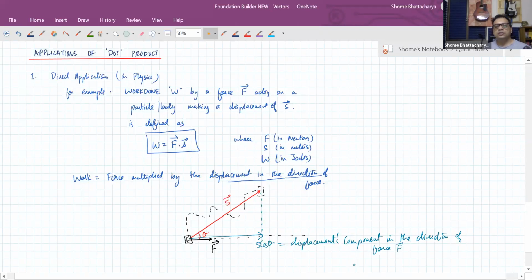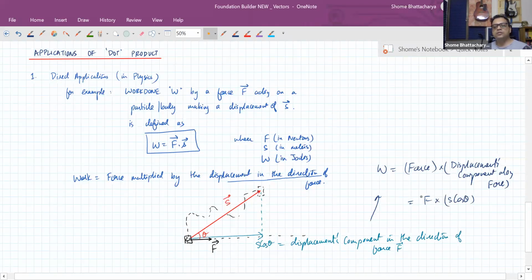Okay, so now if I say that work done is force into displacement's component along the force, how much will that be? It will be the magnitude of the force multiplied with S cos theta. So that you can see is nothing but F dot S. That is the dot product.